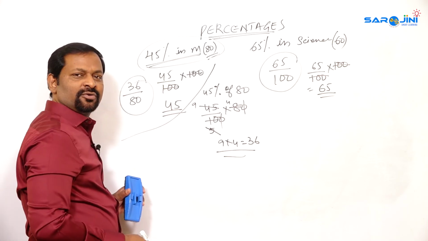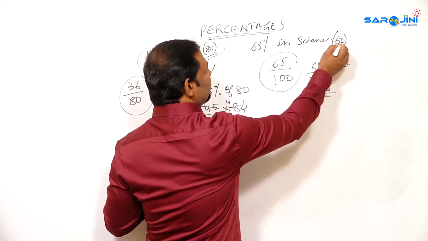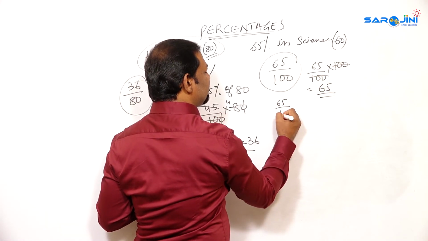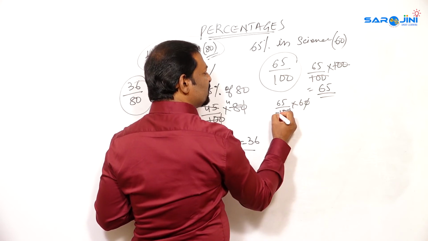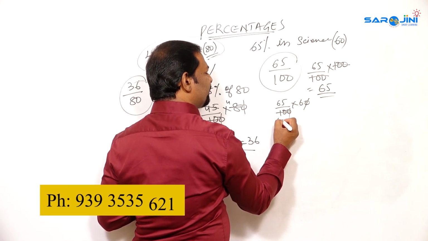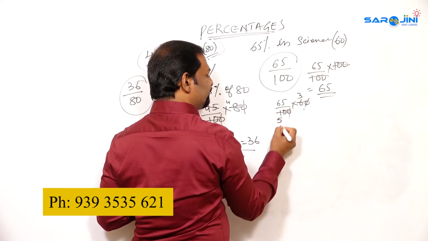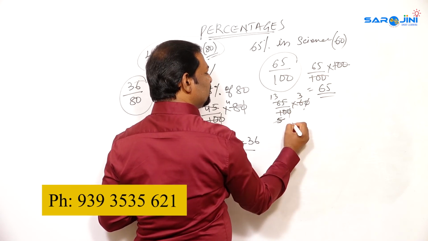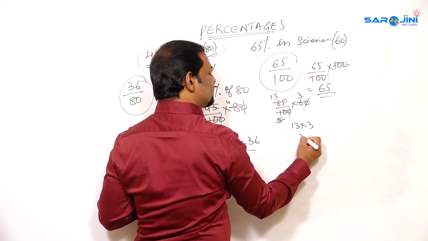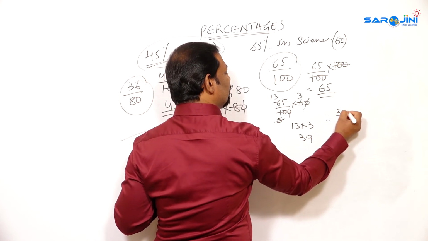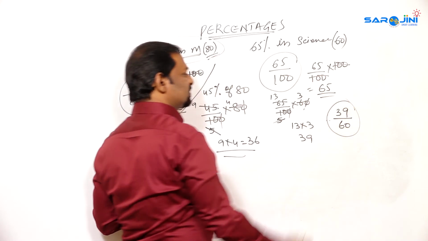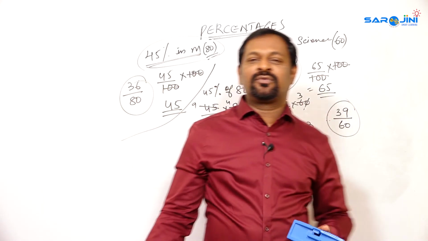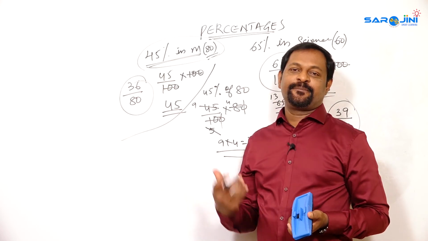Similarly, 65% of 60 is 65 by 100 into 60, the 0 gets cancelled. 5 ones are 5, 5 thirteens are 65, so 13 into 3, that is 39. That means he got 39 marks out of 60. In that way we calculate percentages.